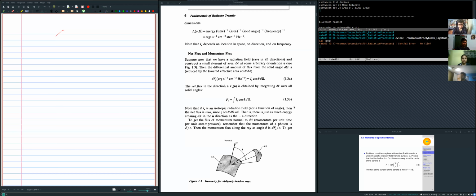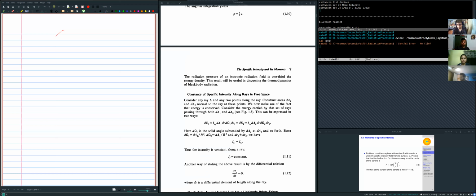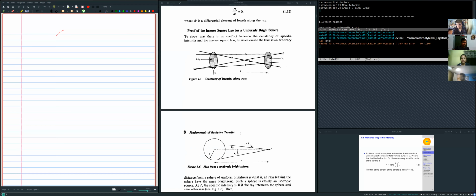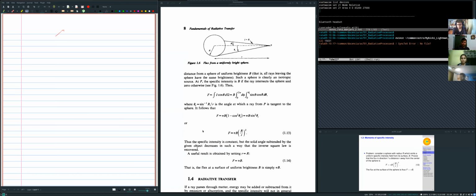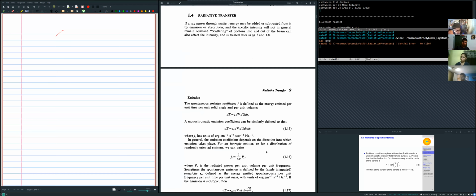Okay, so for next class, I want everyone to make sure they understand this themselves. If you have issues working this out, then bring them up for the next lecture, and we'll discuss them. We'll start by asking whether anyone has questions about section 1.3. And then we'll start doing radiative transfer.